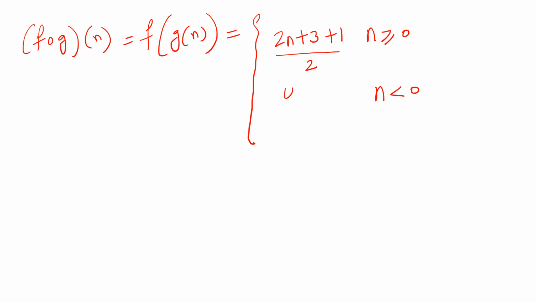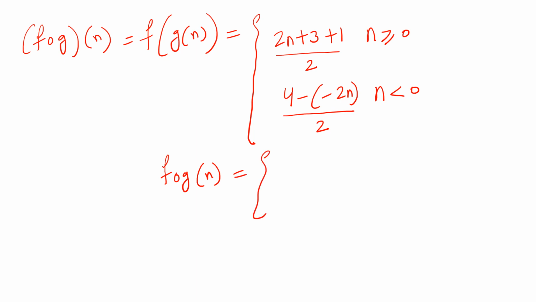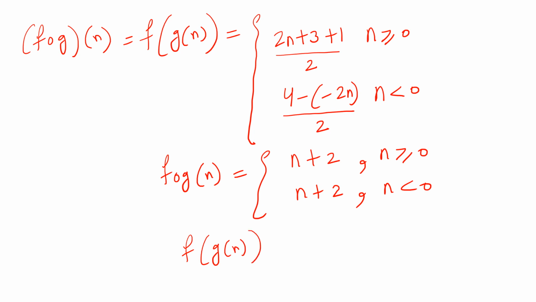So now the expression becomes (4 minus (minus 2n)) whole divided by 2. So students, the function f of g of n becomes n plus 2 when n is greater than or equal to 0, and again n plus 2 when n is less than 0. So that means it is simply n plus 2 where n belongs to Z.